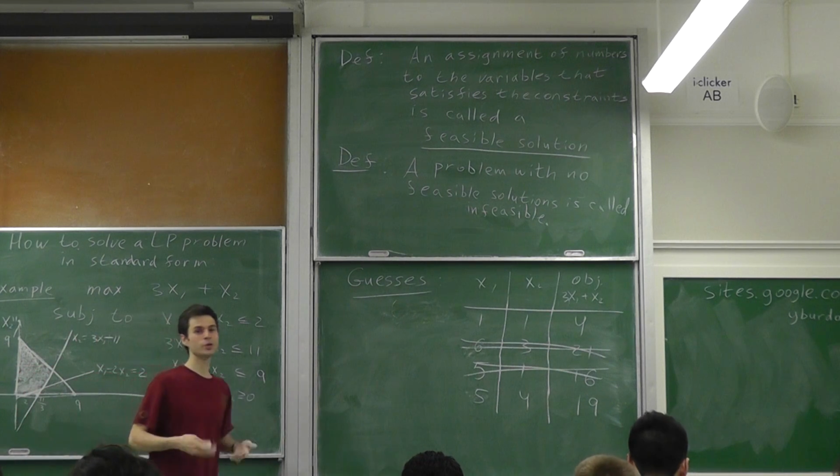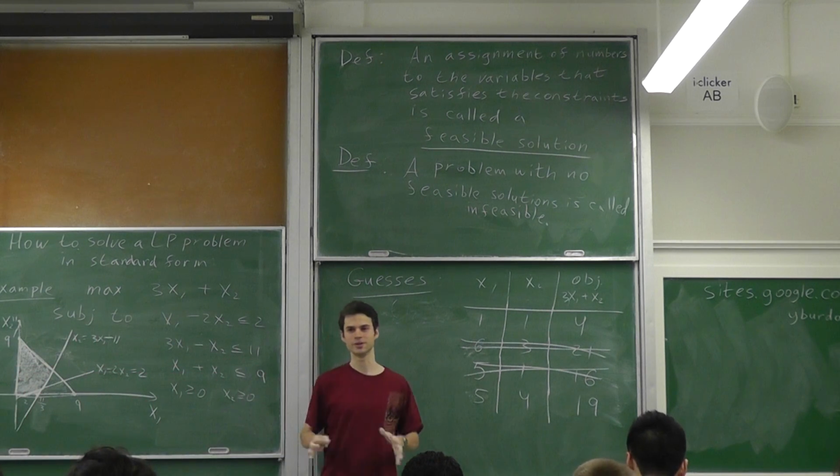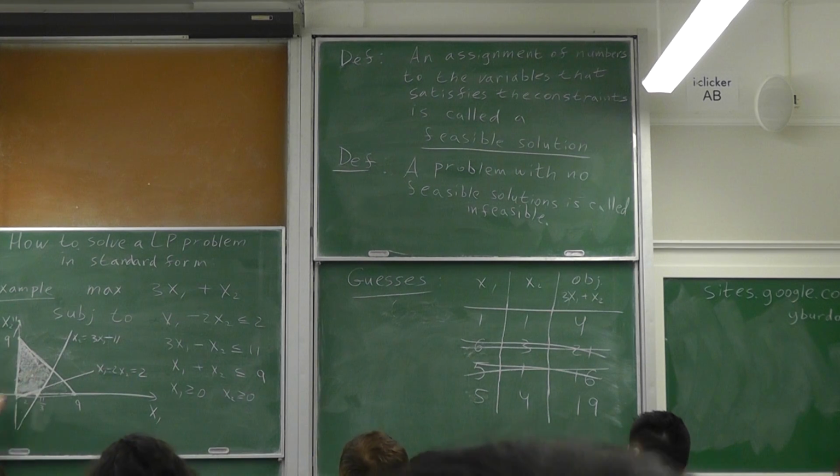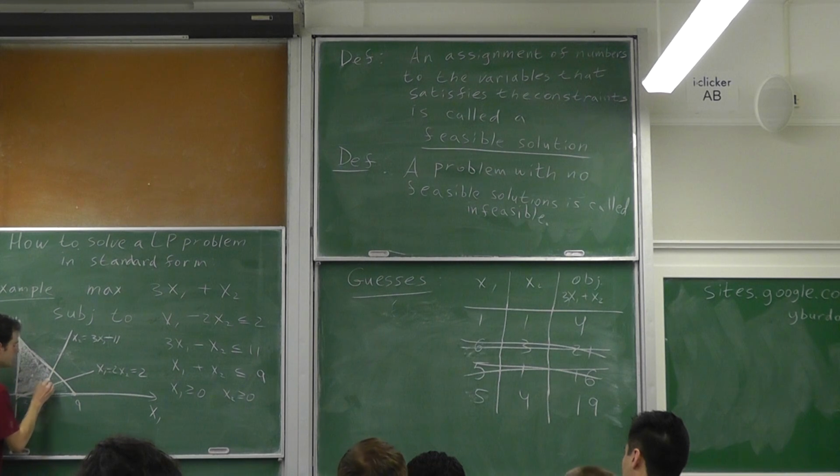Now, why do I want to push the constraints to their bounds? Well, the reason is, if I'm inside this region and did not push any of the constraints to their bounds, I have a linear function that is increasing in one of the directions, so I will move in this direction. Suppose I suspect that my best solution is here. I push just one of the constraints to its bound.